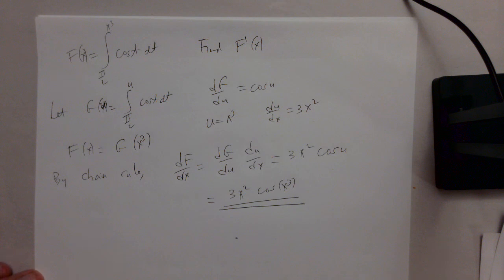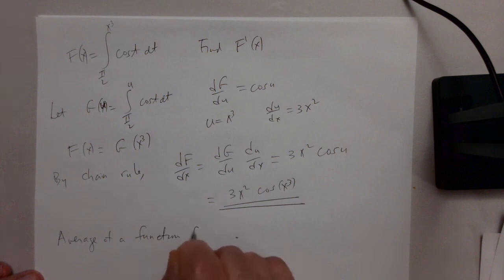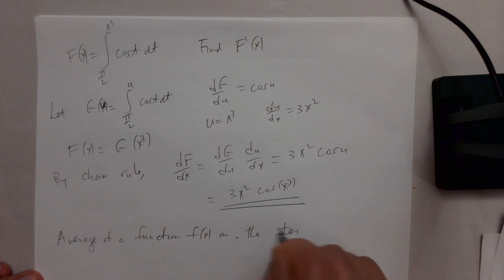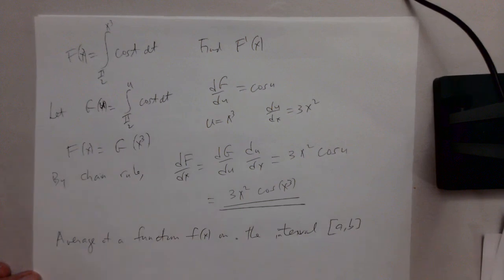I should mention just one other important definition. Sometimes you have things which behave wildly, and what you ask is not what the value is somewhere, but maybe what the average value is. And there's a definition for the average of a function f of x on the closed interval from a to b.